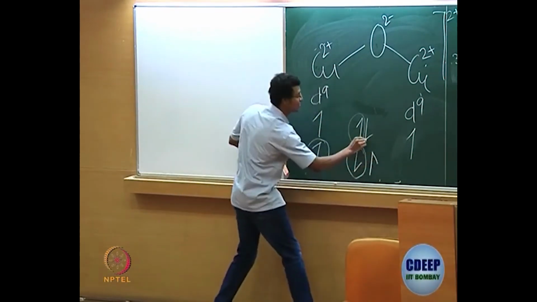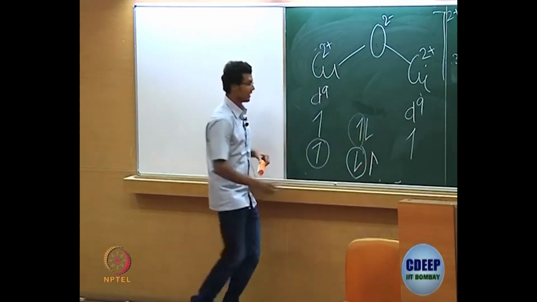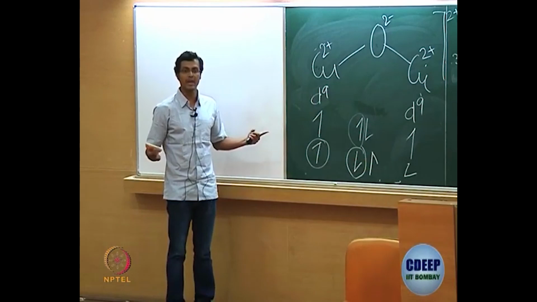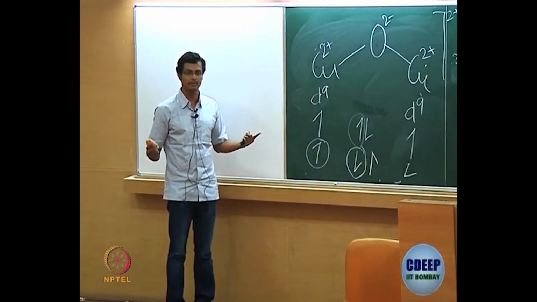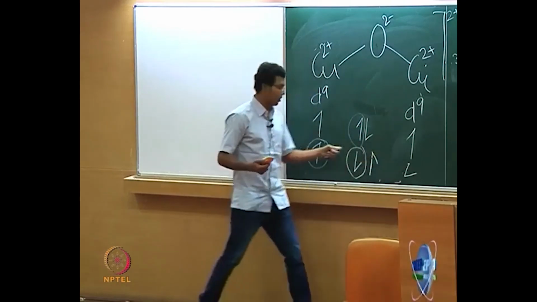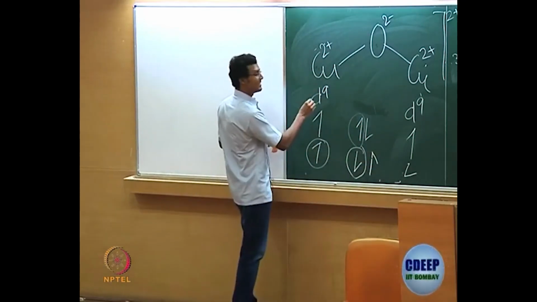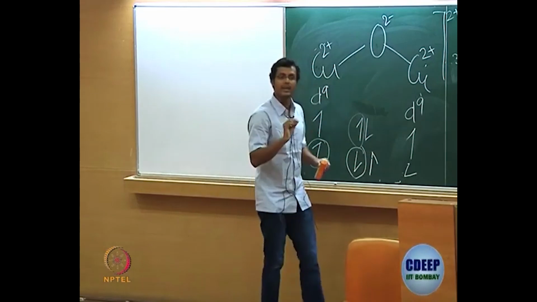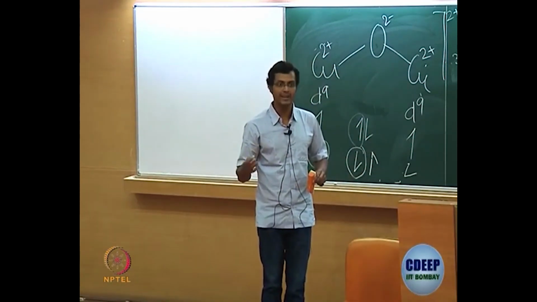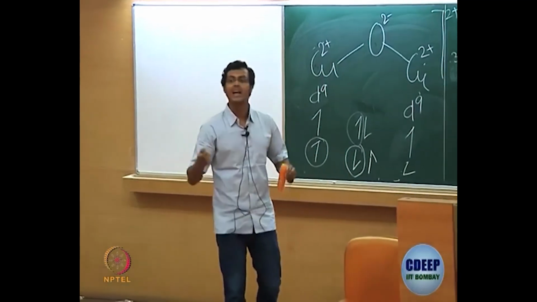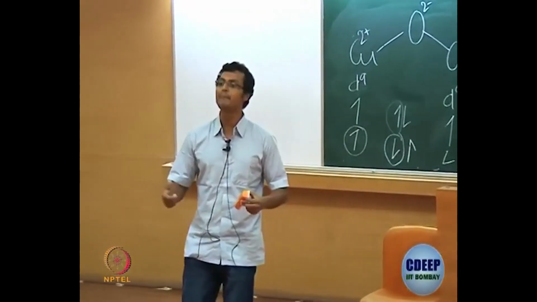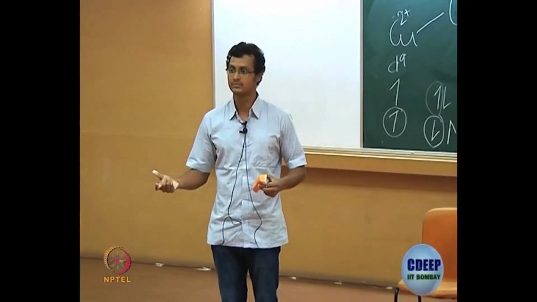That will mean that this will go up and this spin will go down. It is spin pairing. They will try to pair up. So up, down, up, down. Overall, although it's a d9 electronic system, it was supposed to be paramagnetic. Unpaired electron means it is paramagnetic. The net effect is that due to this exchange, it will become diamagnetic.